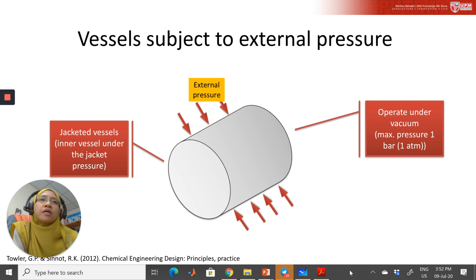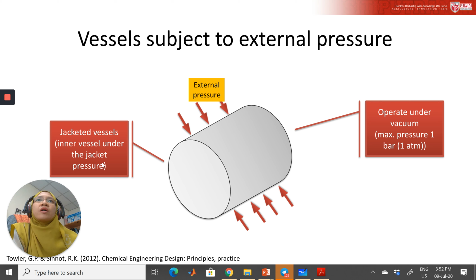Let's begin this lecture. So for vessels subject to external pressure, examples of this type of vessel are vessels that are operated under vacuum, for a maximum pressure of 1 bar or 1 atm, or jacketed vessels, where the inner vessel is under the jacket pressure.